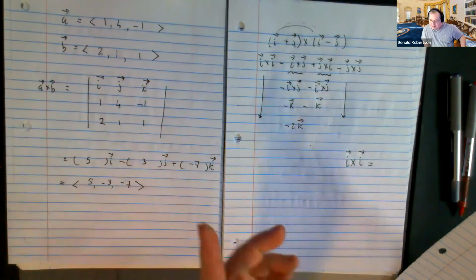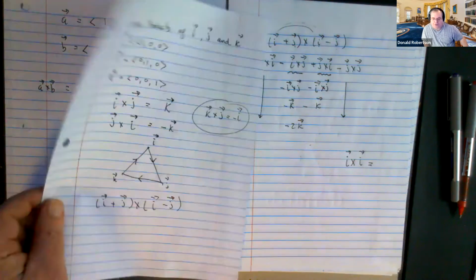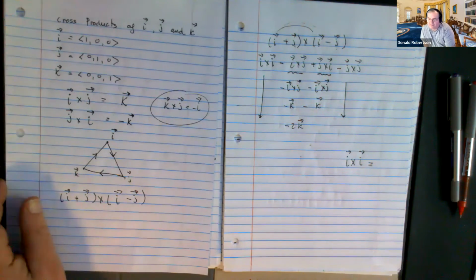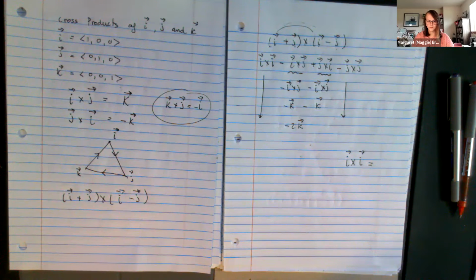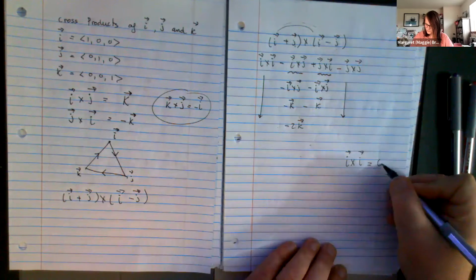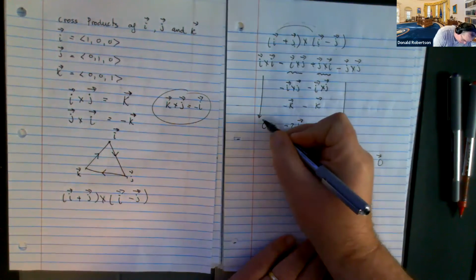So if you did any vector cross product with itself, what kind of vector do you think you might get out of that? Any vector. Would it be a zero vector? It would. So 0 vector, 0 vector.